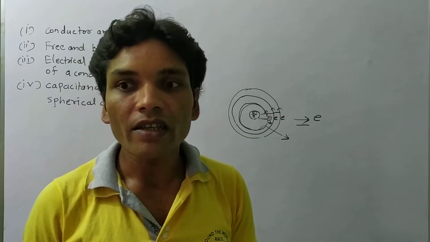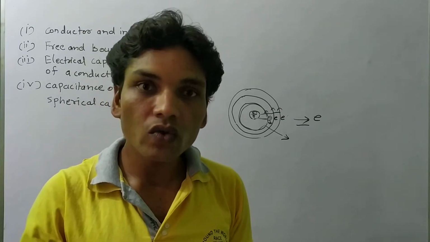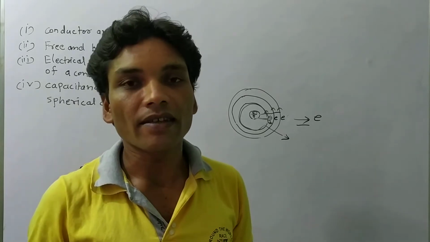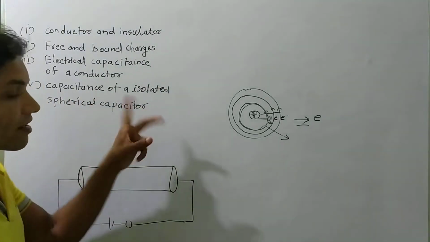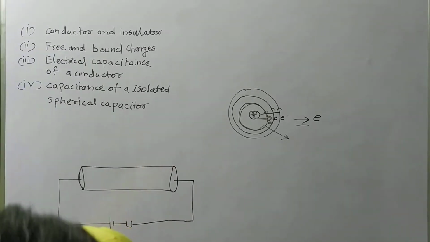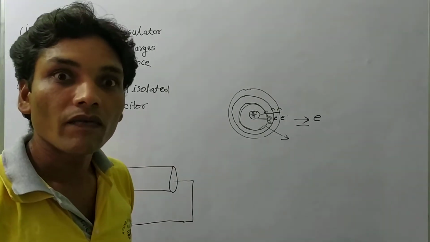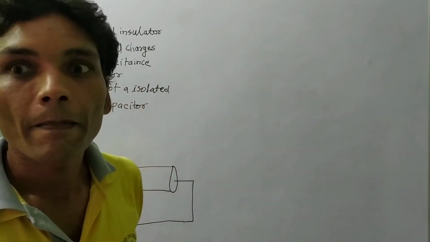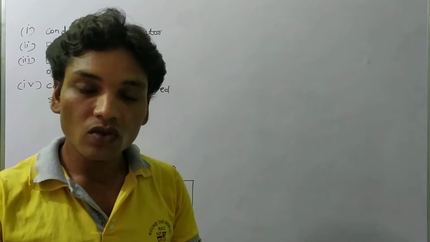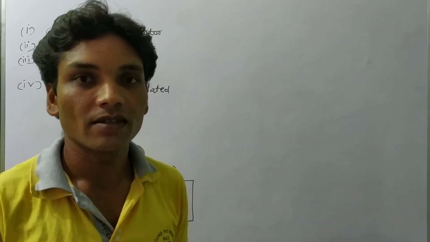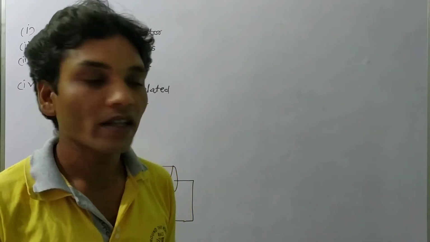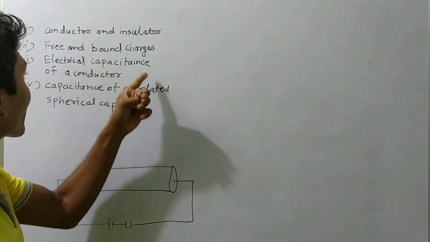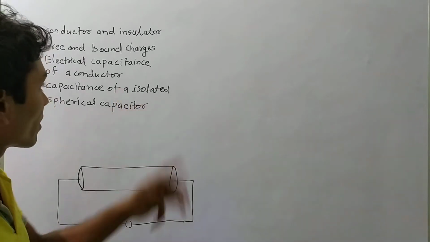So the ability of a conductor to store electric charge is called its capacitance. This is the capacitance, or electrical capacitance, of a conductor.